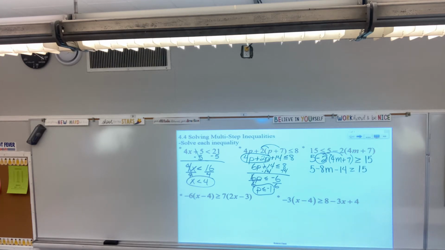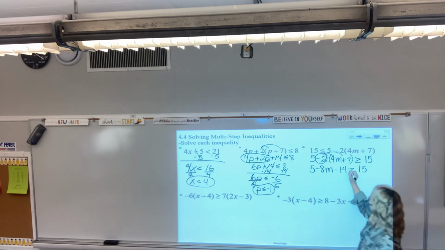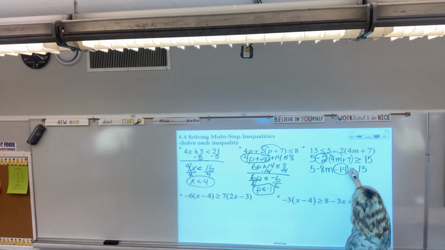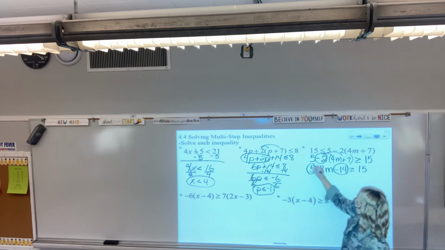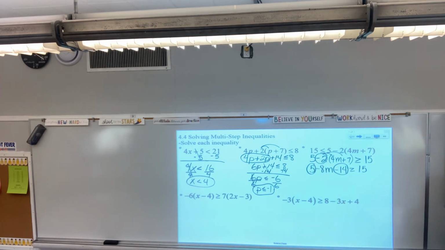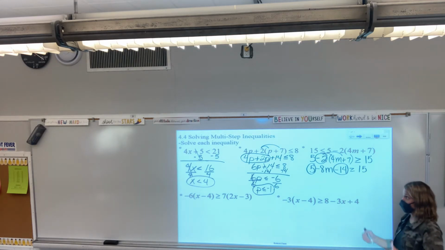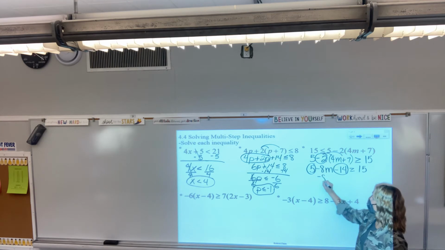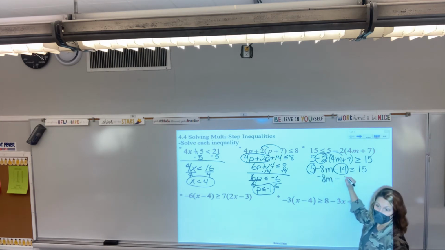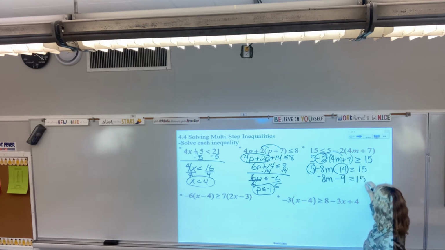Now, who goes together in this one? 5 and minus 14. So it's going to be a positive 5 minus 14. You have 5, and then you're taking away 14. So you definitely are going to be going negative, because look, I got 5 on my hand right now. So negative 8m minus 9, good, greater than or equal to 15.